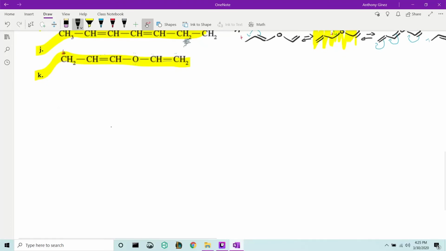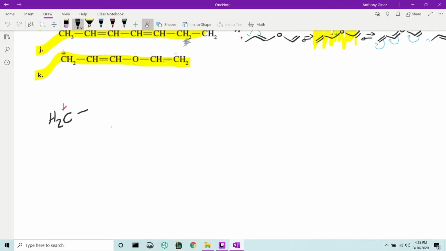So moving on to my drawing pad. Let's try and draw it out, because that is kind of funny. So I see CH2, I see a single bond, and this is partially positive.